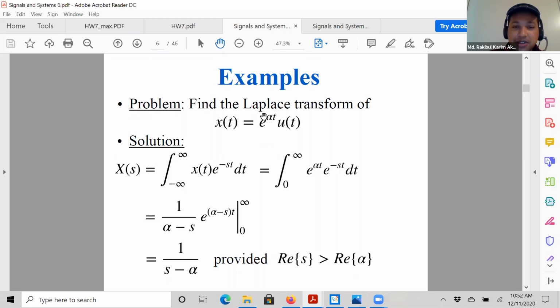Alpha is 0. If alpha is 0, it is nothing but only ut. Then put here alpha equal to 0. If alpha is 0, what is that? 1 by s. That means if it is ut or alpha is 0, that gives you only 1 by s. That we are writing here.